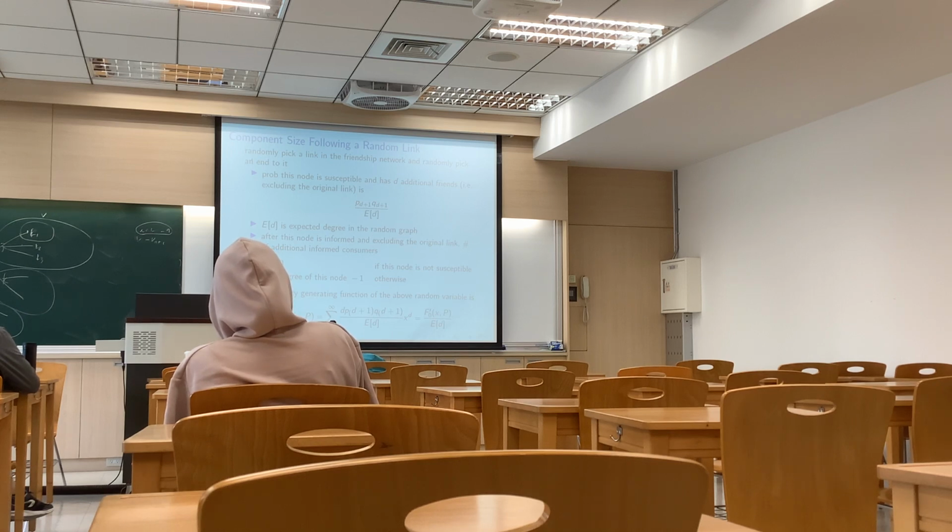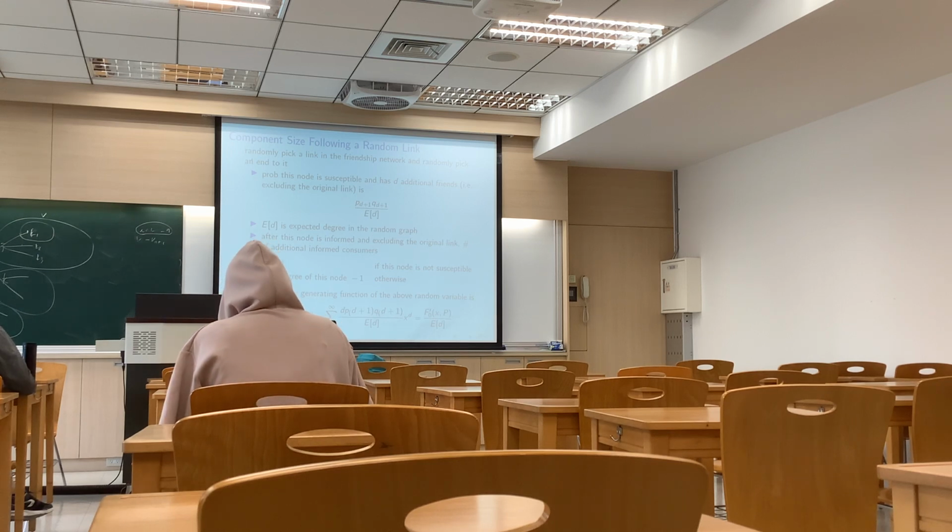So again, if this person is susceptible, then this person will inform all her friends. So then you're just asking, in that case it will be 1 plus the number of this person's friends. But now you find this person by following a link instead of just picking a node.